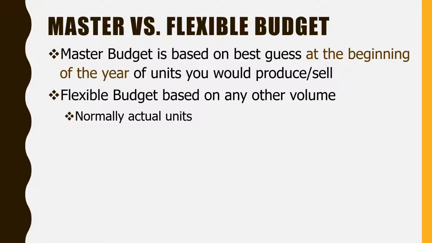So it's those same relationships with any other volume other than what you thought you'd do at the beginning of the year. Normally the thing you care about most are actual units. So normally it's actual units, but as you go through your months, your monthly production clearly will change, and you can update or change your master budget monthly, and that would be called a flexible budget.